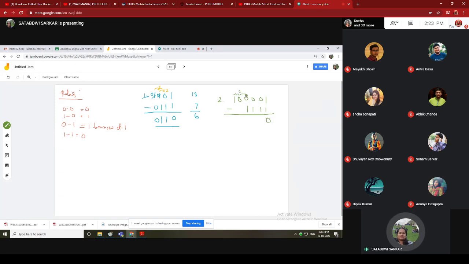Again we have to borrow here from 2, we have to borrow 1. So here now the value is 1, but here we have borrowed 1. So the value becomes 2 in the binary.